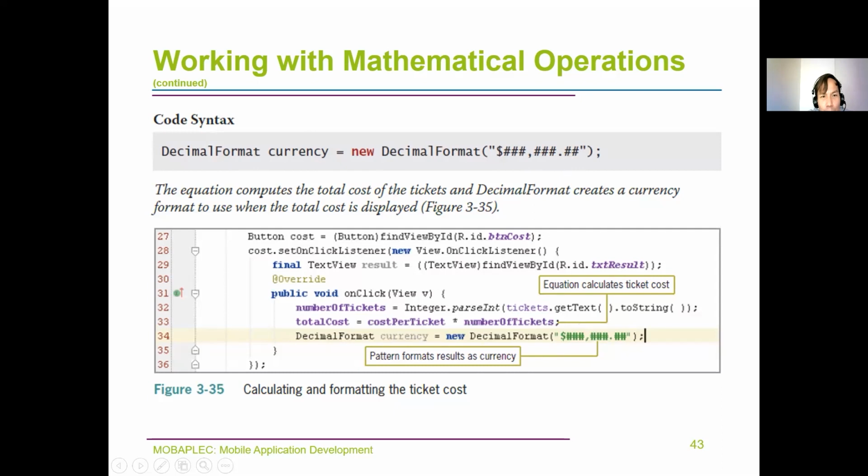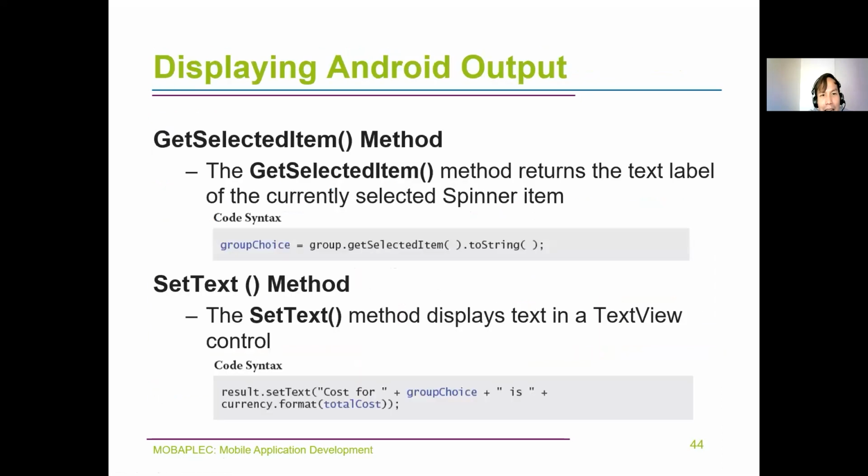Then in displaying the output, you need to use the getSelectedItem method for the label, since we have a group as part of the choice. This is the syntax, and if you set the method, this is the syntax, you need to load the result. All of those things in Java you need to interact with in order to set a different method. Okay, so next.